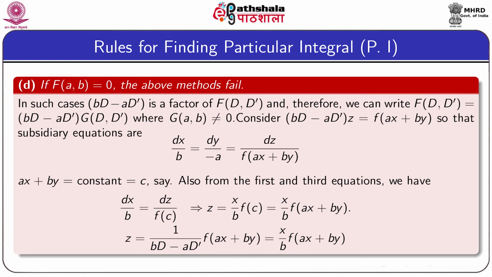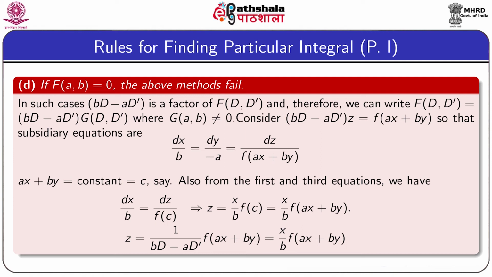For that case, in the function F(D, D dash), there will be a factor bD minus aD dash. So, we can take out that factor from F, and F can be written as (bD minus aD dash) into some function G of D and D dash, and we also assume that G(a, b) is not equal to 0.